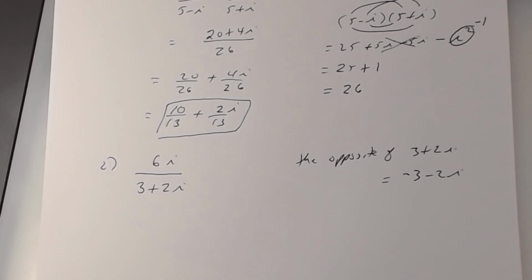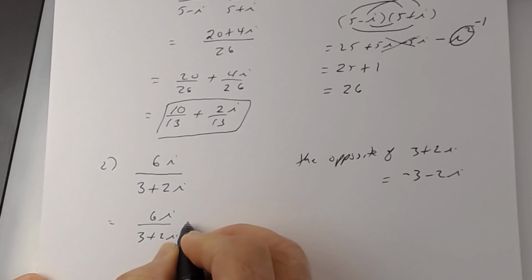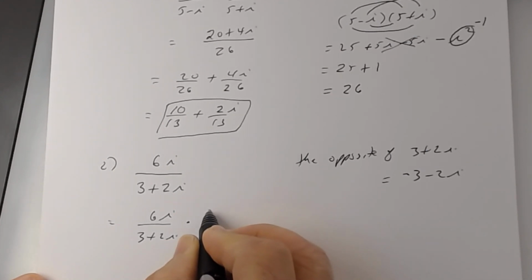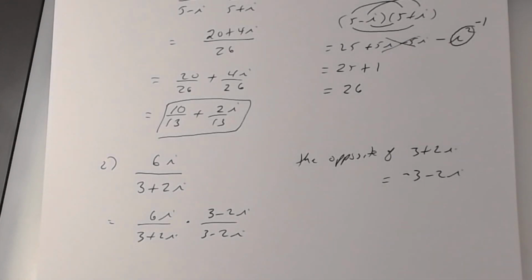You multiply numerator and denominator by the conjugate of 3 plus 2i. What's the conjugate? 3 minus 2i. So this becomes 6i divided by 3 plus 2i, times 3 minus 2i over 3 minus 2i.